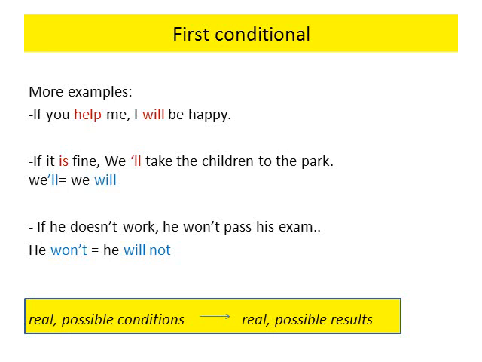He won't is the contraction of he will not, the short form of he will not. Real possible conditions lead to real possible results. If the condition is real and possible, the result will be real and possible.